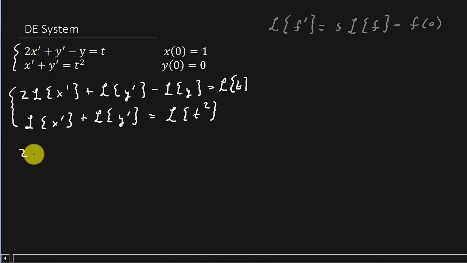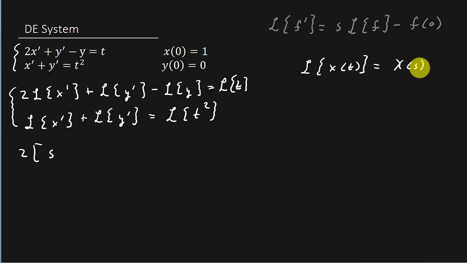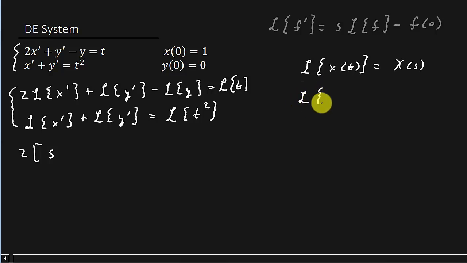So here we get 2 times. Now if we do that, we've got s times the Laplace transform of x of t. Okay, so instead of writing the Laplace transform of x of t, I'm going to write this as capital X of s. Okay, it'll keep it less cluttered. Same thing with the Laplace transform of y of t.